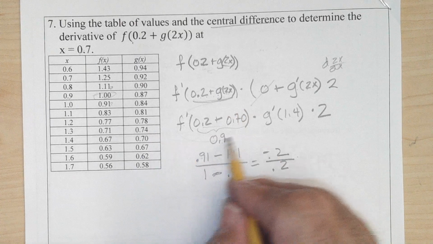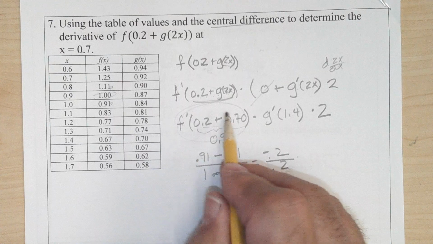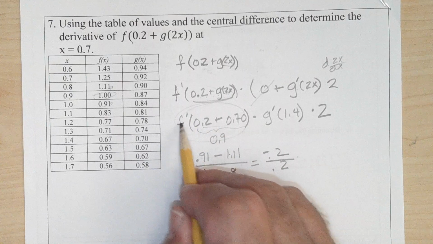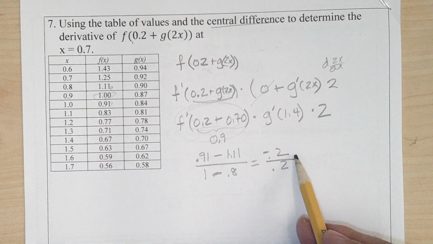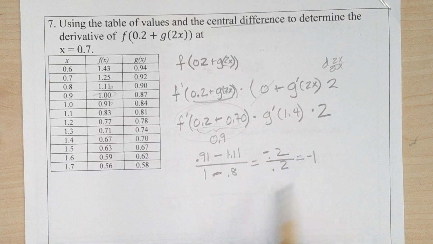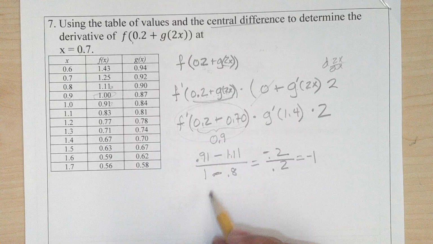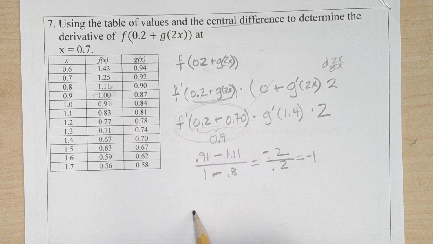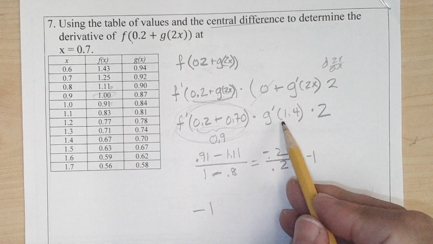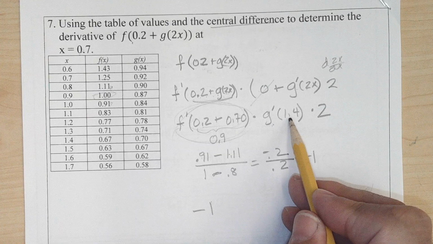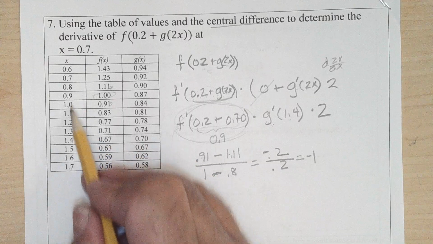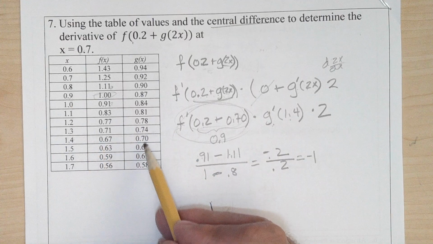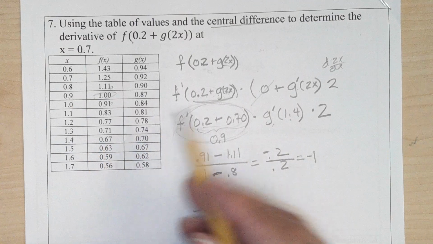So this, the slope of f near the 0.9 looks to be about minus 1. So this is negative 1. Now we need g at 1.4. The slope of g at 1.4. So we do 0.67 minus 0.74.